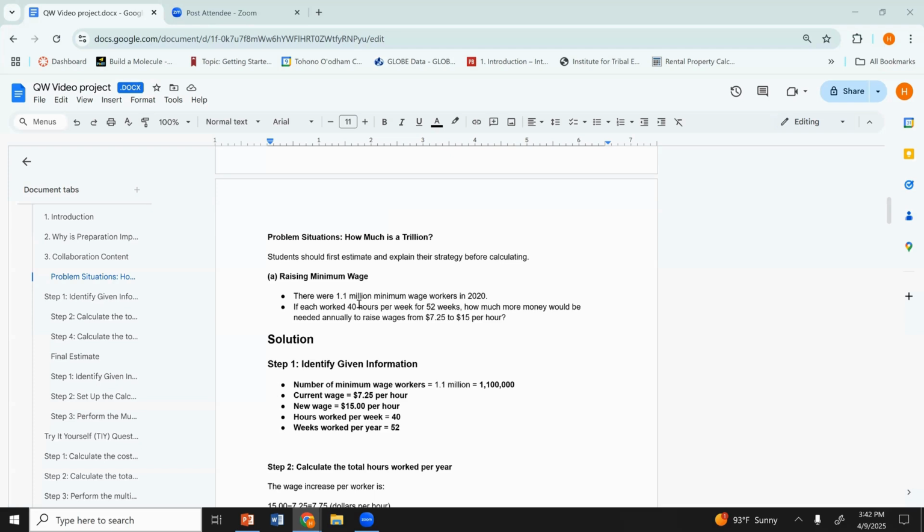This question is asking us, what is the total amount of money in dollars that we would need to increase their pay from 7.25 to $15 per hour for all the 1.1 million workers who were earning minimum wage in 2020.